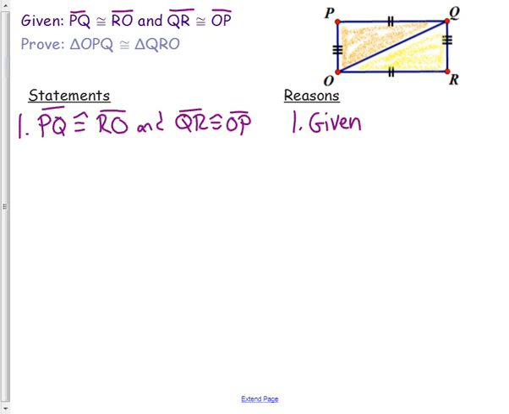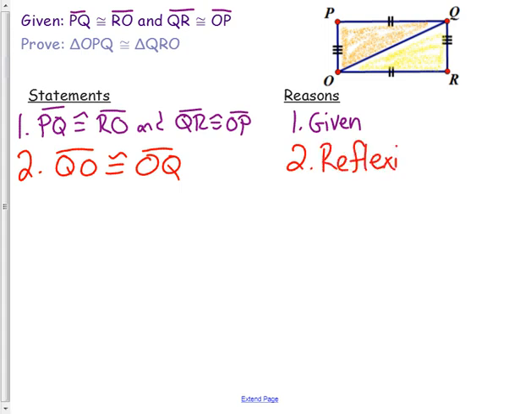So we look and say, okay, on this yellow triangle, the only piece I don't have is OQ, and the only piece I don't have on the orange one is QO. It's the same piece, so we will say it's congruent to itself. And anytime we say something is congruent to itself, it's the reflexive property.